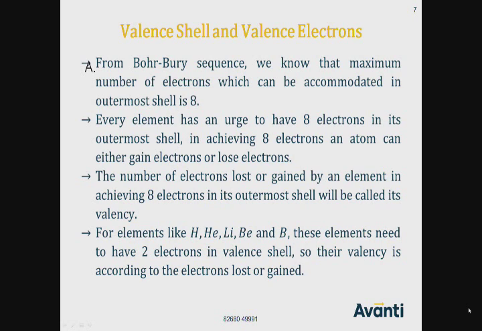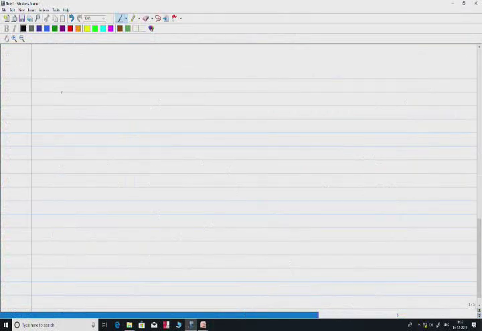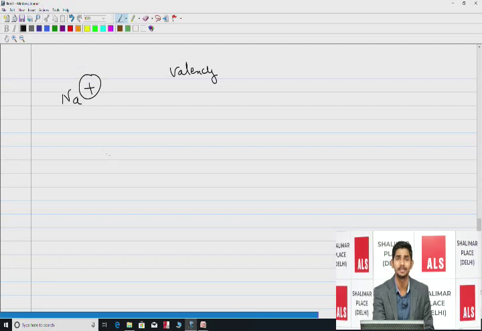Okay, I'll make it simple for you. Just look at the screen. Let's say suppose sodium. You can see in the sodium there is only +1 charge. If I ask you about the valency, first of all, remember in the valency we need to write the magnitude only, not the plus and minus sign. You can see Na plus means it has only 1 plus, its valency will be 1. Okay.